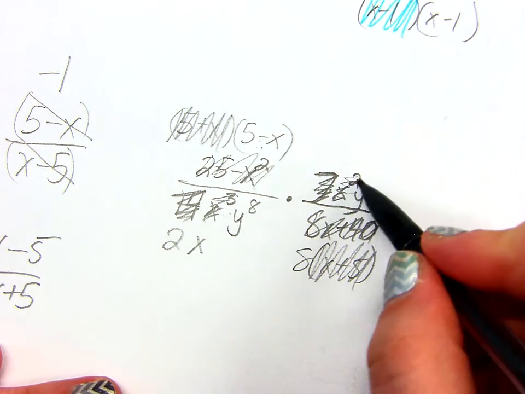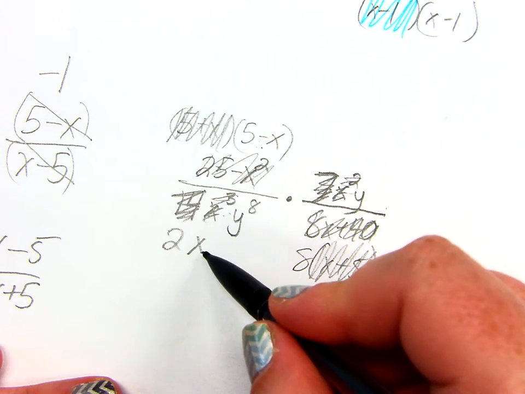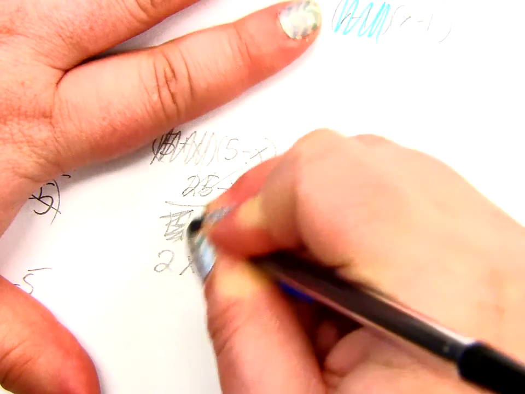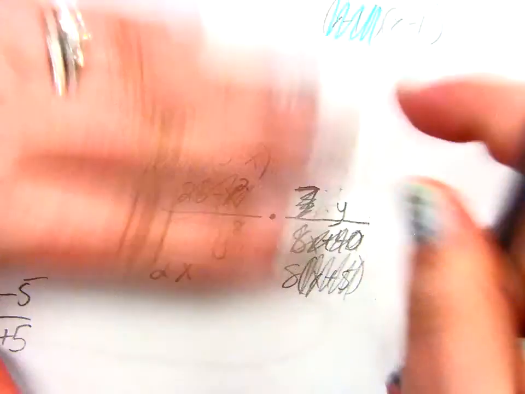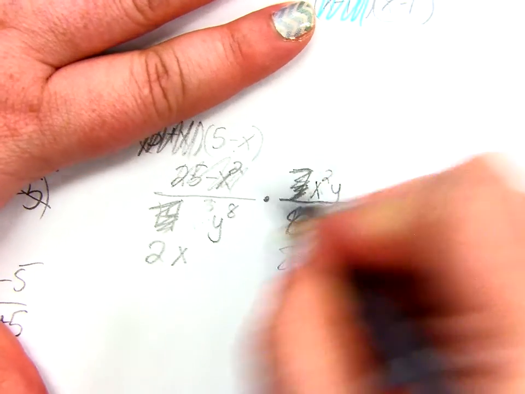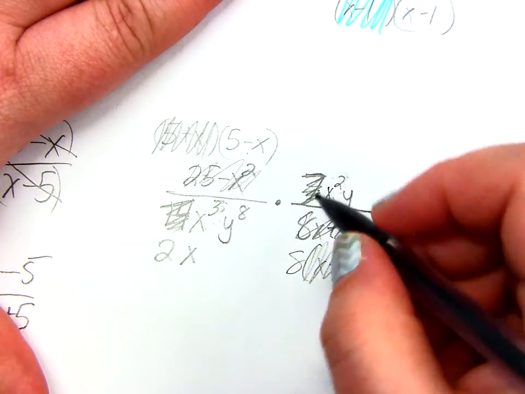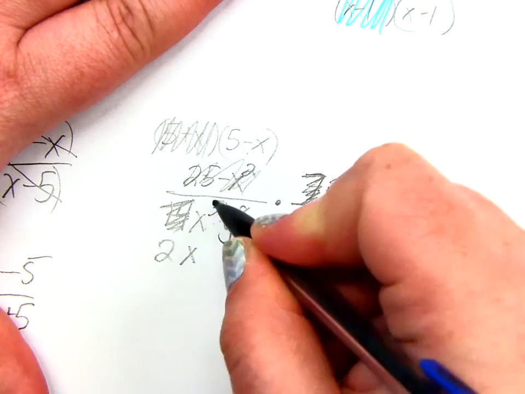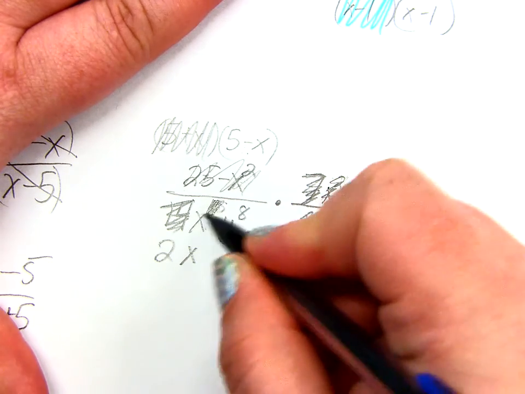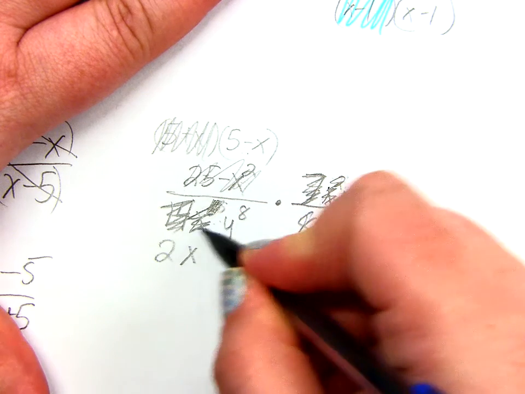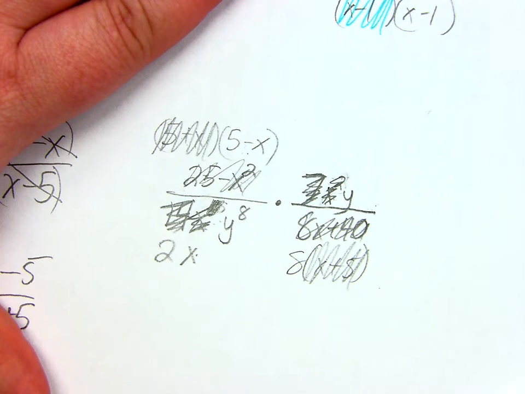By the way, notice how I cross out the x's and then I write a new one? Kids do this all the time, and I'm telling you, it usually does not work out to your benefit. If you have x squared over x to the third, and you know that that just cancels out to be x to the first, they try and just cross the whole darn thing out and write anew. I'm telling you, it gets messed up all the time.